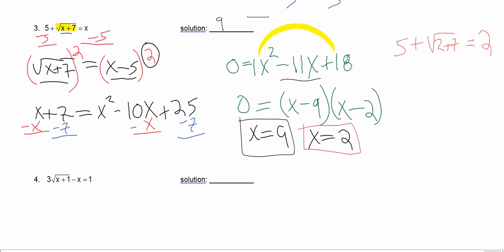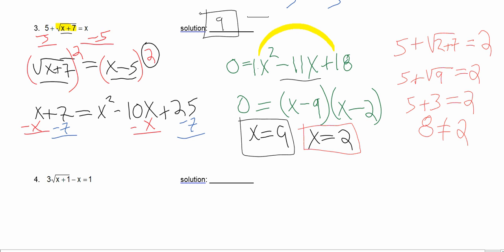Alright, and let's see. We have 5 plus 2 and 7 added together is 9, so 5 plus 3 equals 2. And that is not true. Of course, 8 certainly does not equal 2. So we just have one solution, even though we had an extraneous one here.